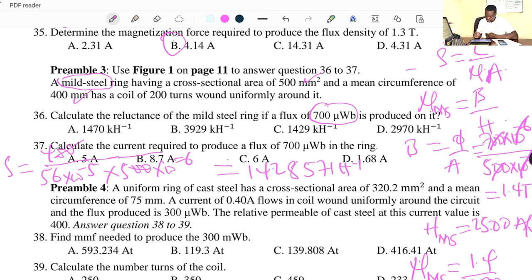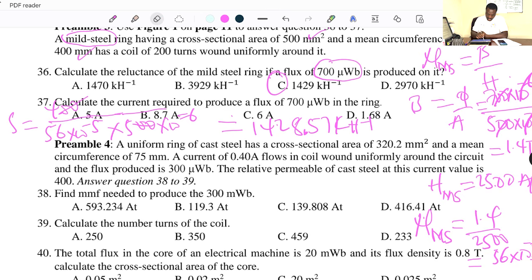H inverse. So we can make this kilo, so that we have 142.857 kilo Henry inverse. So the answer here will be C.